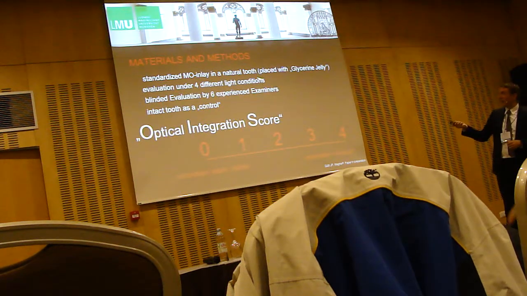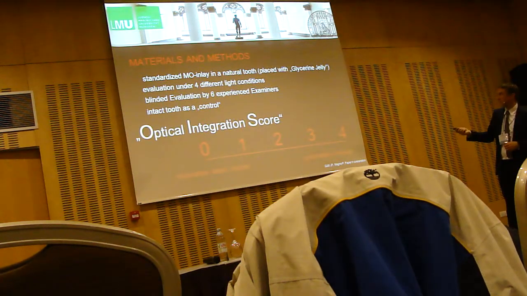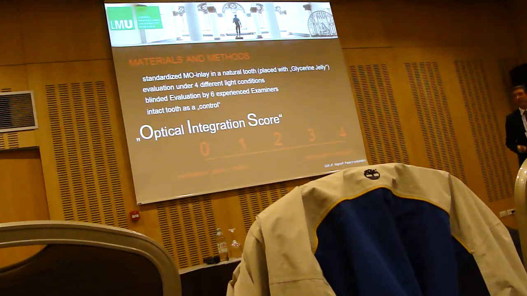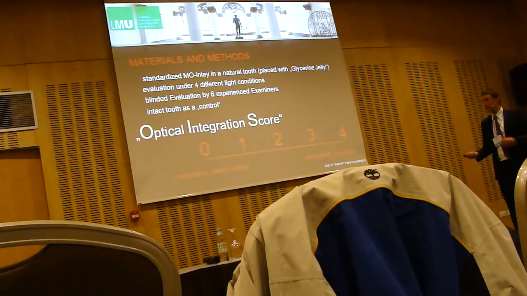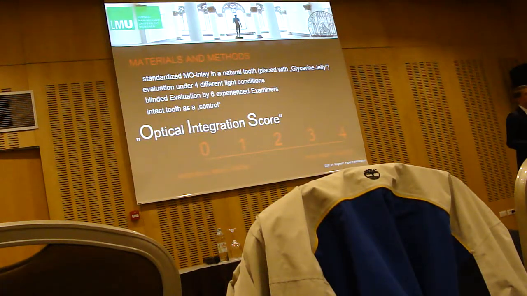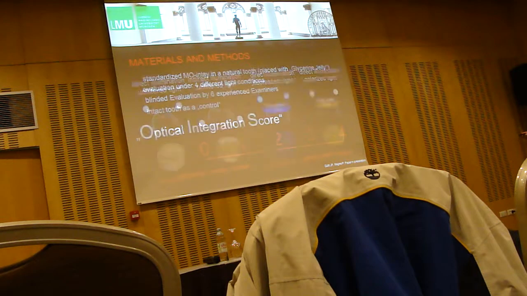Under 4 different light conditions, 6 experienced examiners, dentists and dental technicians, blindly evaluated the optical integration score of the restoration. This means 0 is the restoration is easily visible at first glance, and 4 is the restoration is practically invisible. Our hypothesis was that there is no difference between the materials.